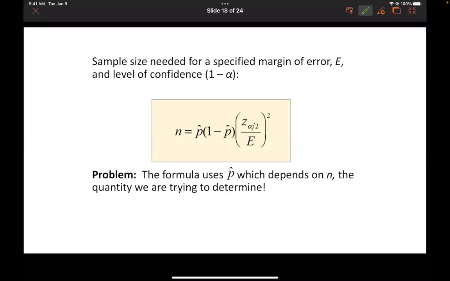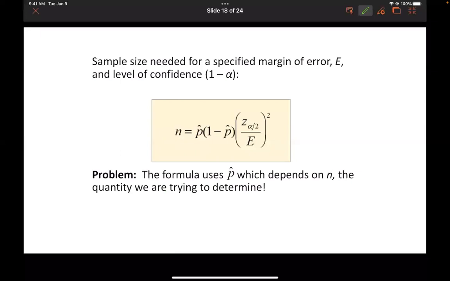I want to be able to say, look, it's only 2% off. I don't want a huge margin of error. So I need to figure out what sample size I need in order to get the margin of error that I'm looking for, or the confidence level that I'm looking for.